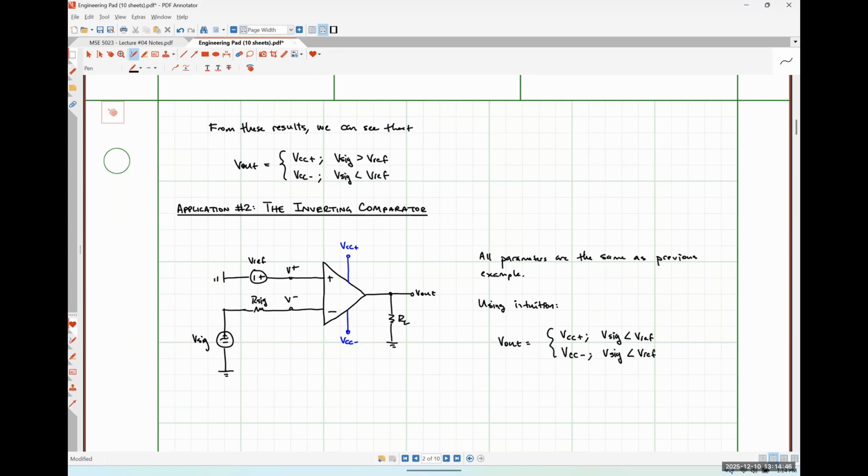And we can very easily verify that in our LTSpice model by deleting where it says VSig and where it says VREF on the input side of the op amp, swapping those two around, and running the simulation again. And we will get this behavior. Okay. So this is our inverting comparator.